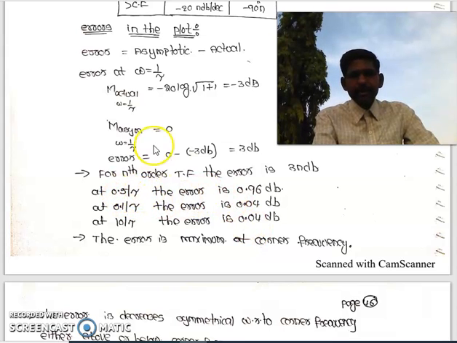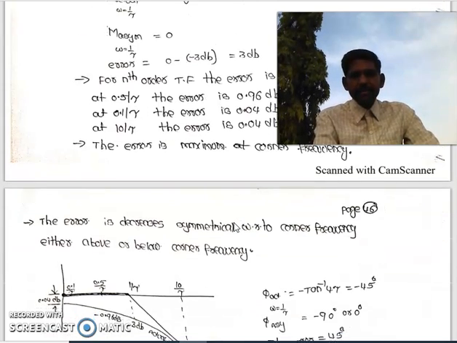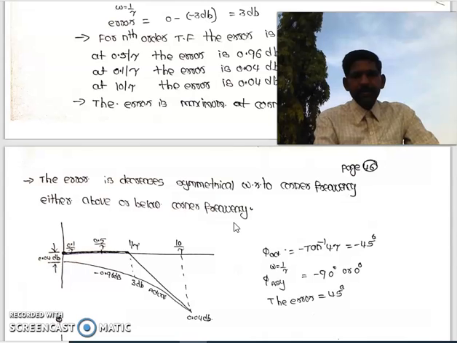Substitute here different values of tau. You will be getting the corresponding errors. The error is maximum at corner frequency. The error decreases symmetrically with respect to corner frequency, either above or below corner frequency.